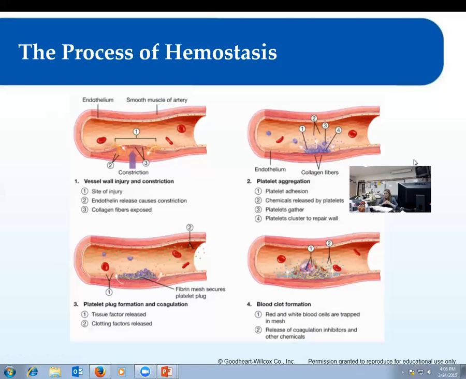At this point, it releases what's called tissue factor, which actually activates clotting factors. Now, the word factor is kind of weird, but you actually have 11 different clotting factors in your blood that have to react so that your blood will clot and do what it needs to do.